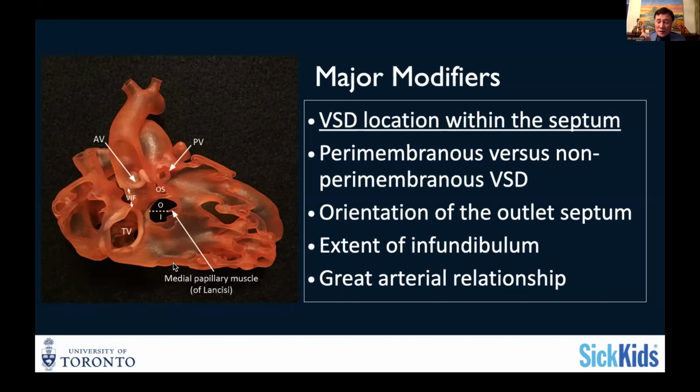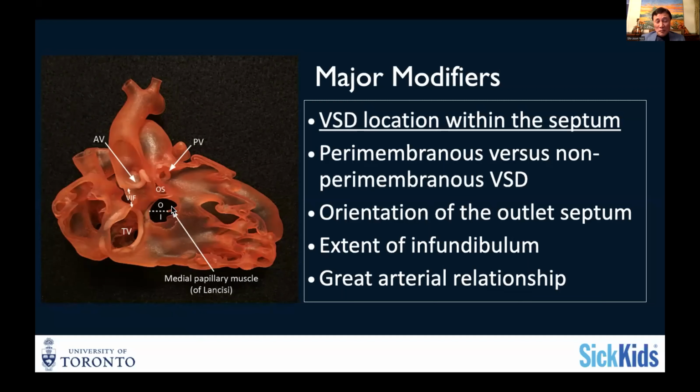An important thing for a surgeon is the medial papillary muscle of Lancisi. Why? If we are looking at the VSD from a right atriotomy and looking into the ventricle, the view is very small and restricted, and you easily get disoriented. However, the medial papillary muscle of Lancisi is an important landmark.